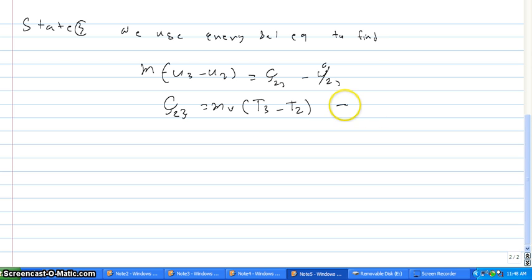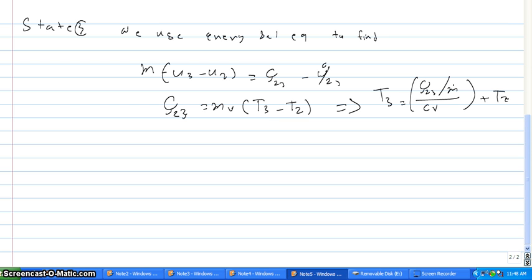Solving for T3, it's going to give us T3 equal to Q23 over m, all over Cv, plus T2.